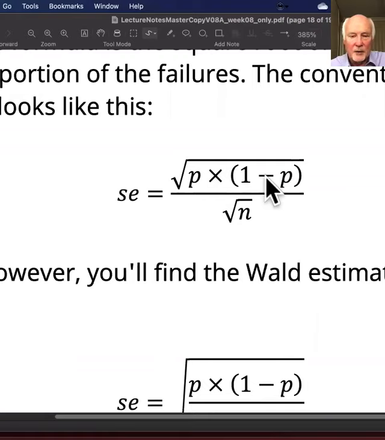That's 1 minus 0.6, that's 0.4 or 40%. You multiply those, find the square root of them, and then you divide that by the square root of n. That's one way of writing the formula. It's not the most common way, but I've done it that way to emphasize the fact that the square root of n is on the bottom.